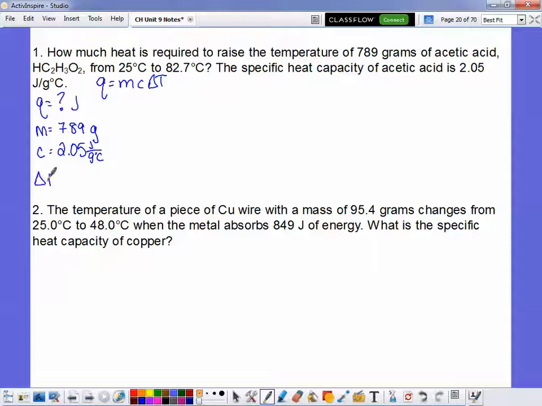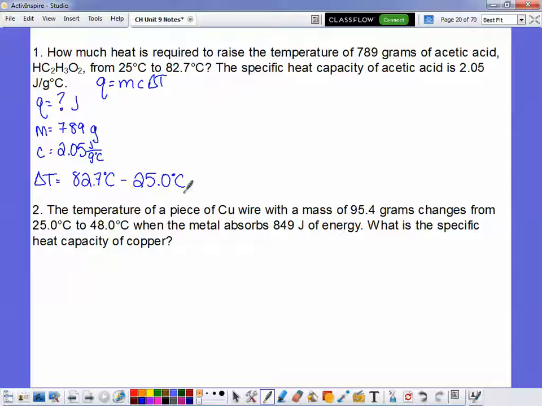And then delta T is the final temperature minus the initial temperature. So what temperature is this substance starting or ending at? 82.7 degrees Celsius, right? And it's starting at 25 degrees Celsius. For the sake of sig figs, I'm going to add a significant figure to that initial temperature just to make it easier.